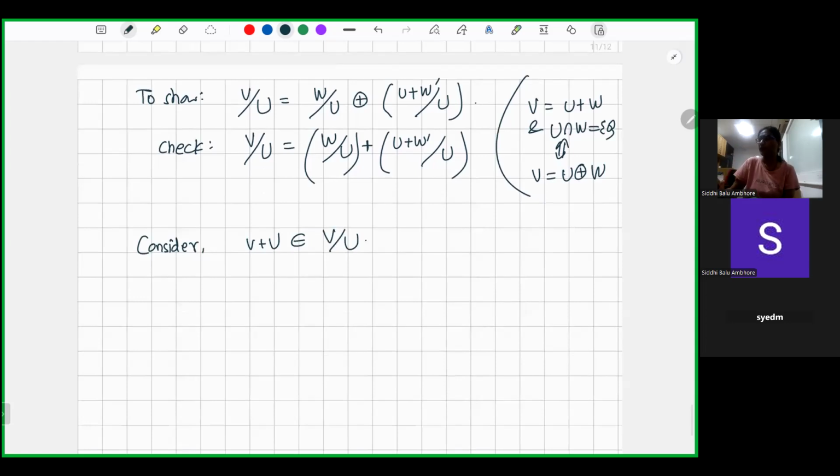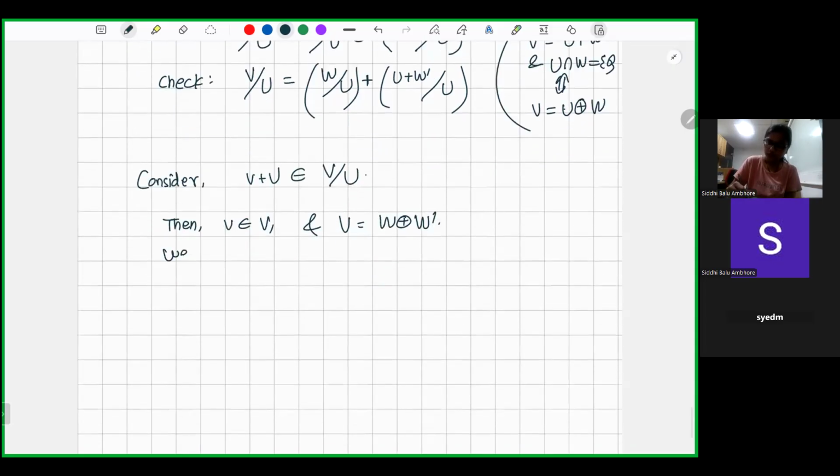And then since V is in W direct sum W dash, we get that V will be some W plus W dash, for this W in W and small w dash in capital W dash.